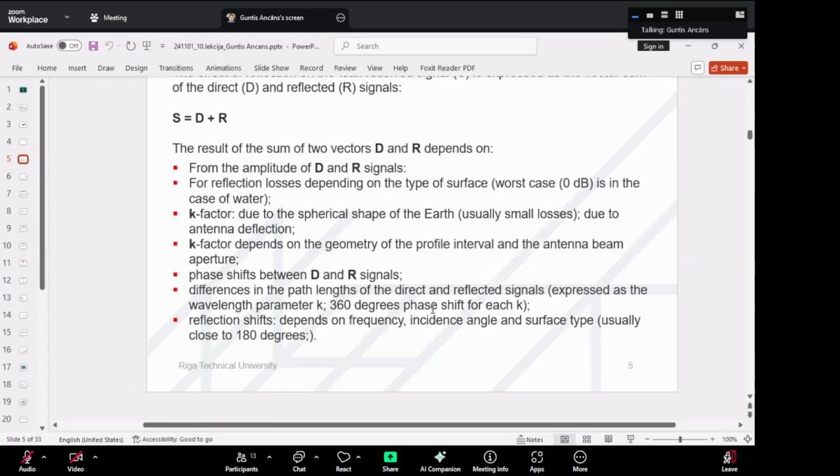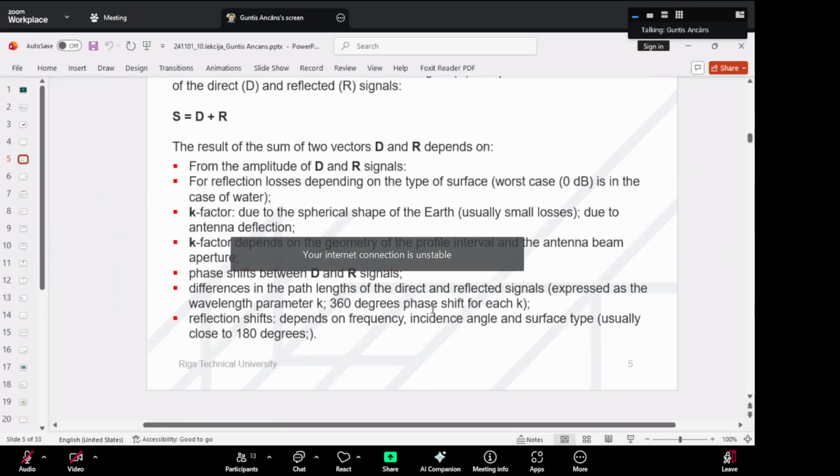So if antenna height is variable, then the link path length difference and phase shift between the direct and reflected signals will change, resulting in the receiving signal level being a function of the antenna height.